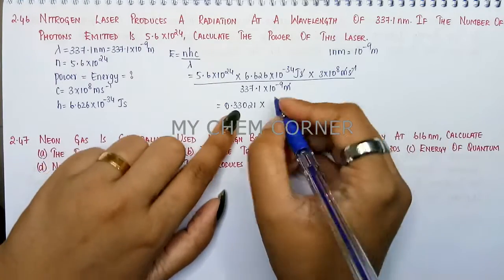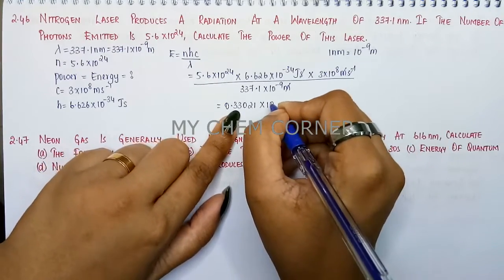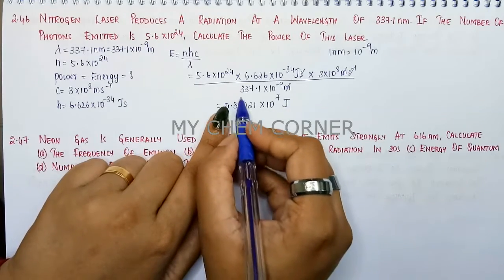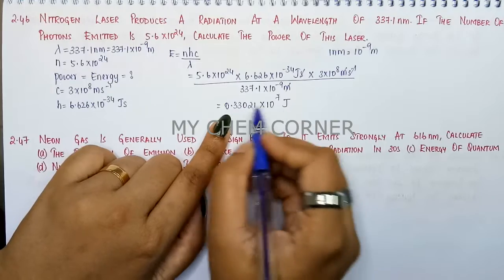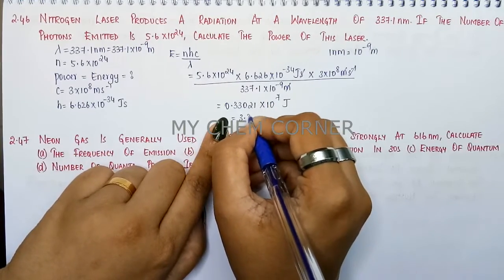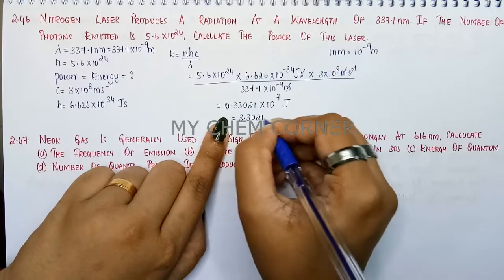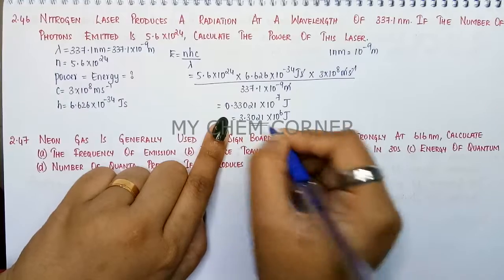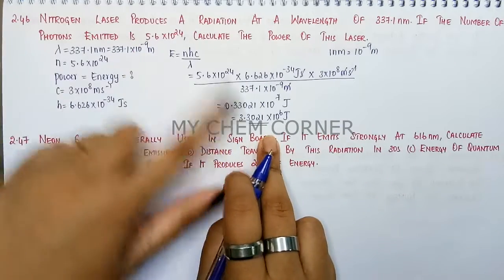So when we simplify the entire power, this will be 10 to the power 7 joule. When we shift the decimal to the right, we are trying to reduce the power here. So this is 3.3021 into 10 to the power 6 joule. This is going to be the answer for the question.